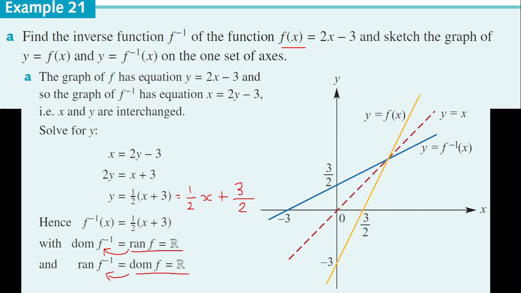Alright, so the original function f is in yellow. It has a y-intercept of -3 and an x-intercept of 3/2, so you can use these intercepts to draw that straight line. And again, what I would do is rotate that picture slightly. Let me do that.